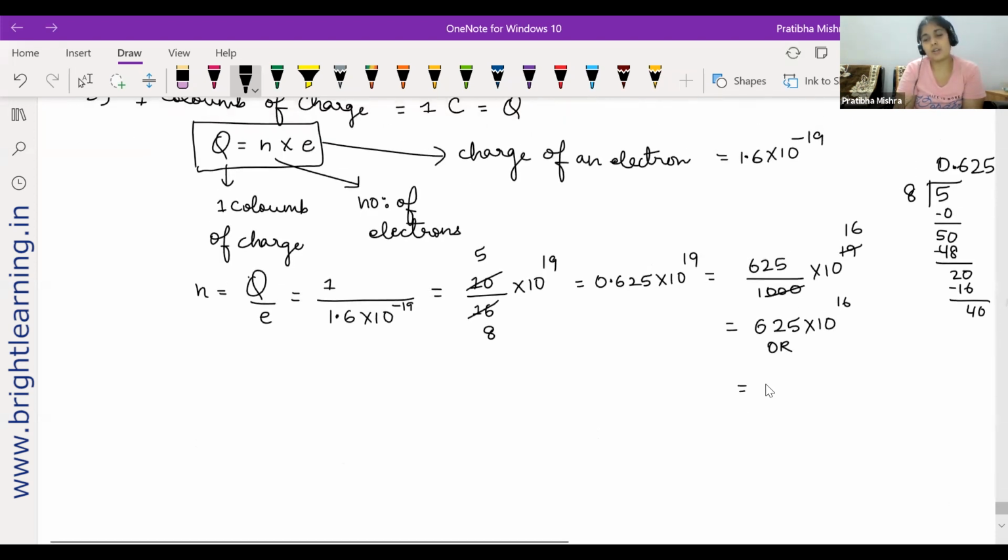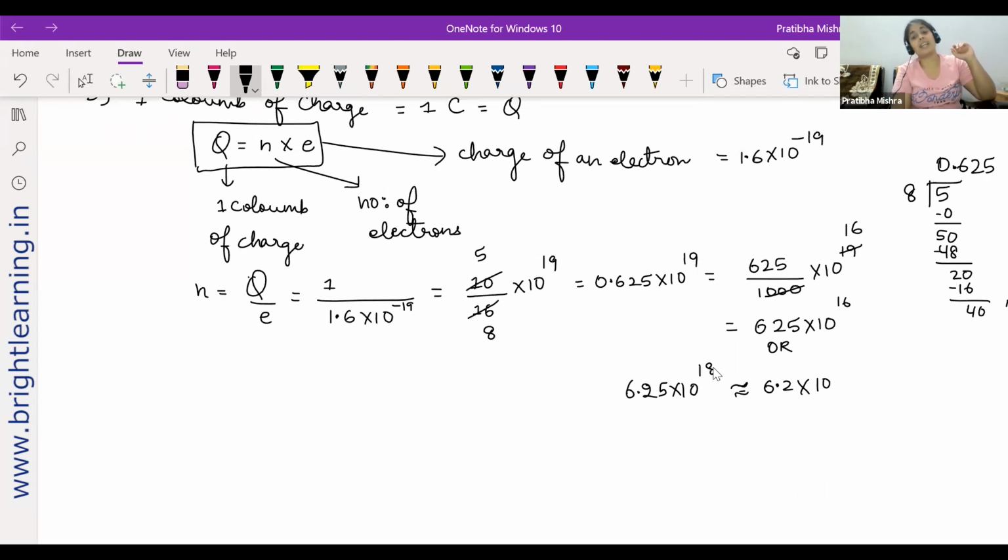You write it as 6.25, so the power will increase. Approximately it's 6.25, which we take as 6.2. So this will become 10 to the power 18.